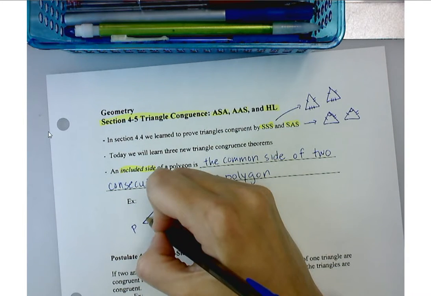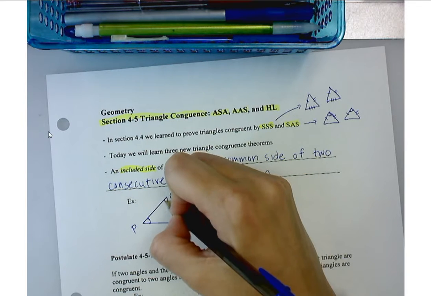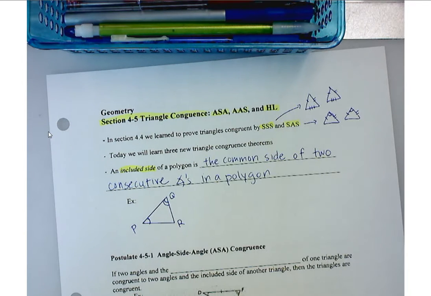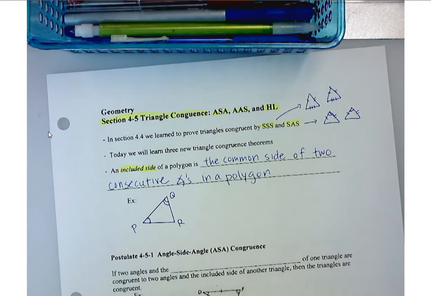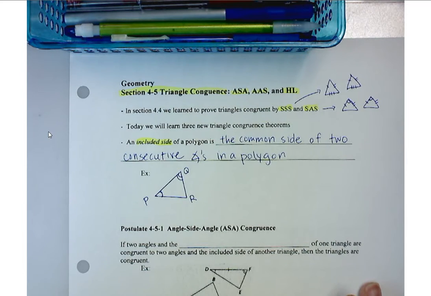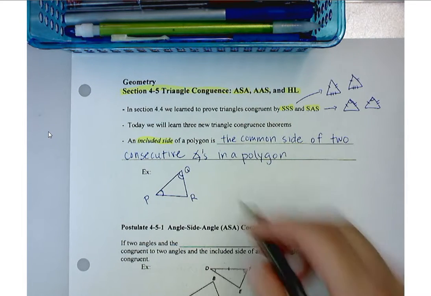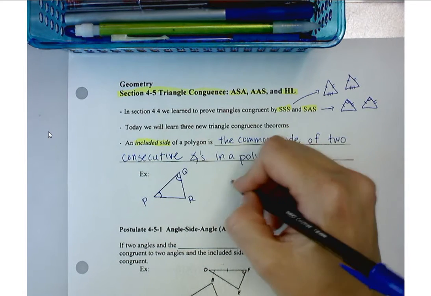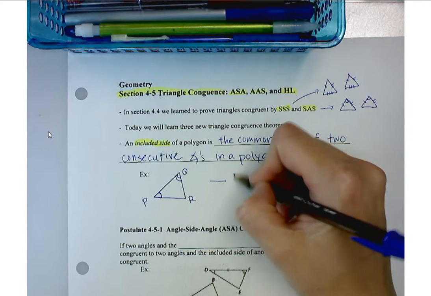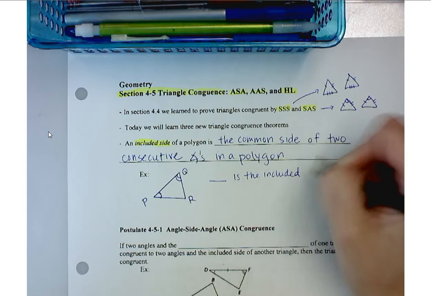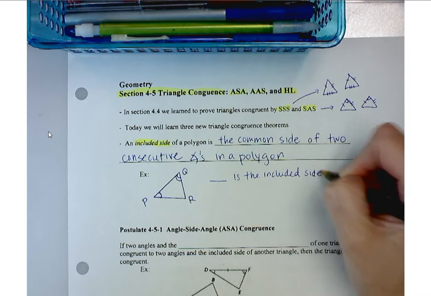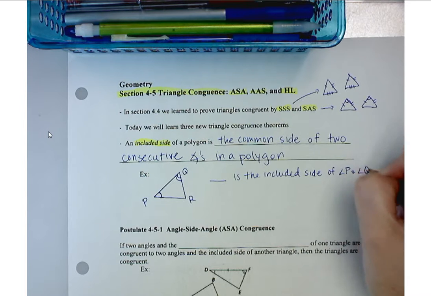Then we know that angle P and angle Q are these 2 angles, and we are going to find the included side of those 2 angles. We're going to say blank is the included side of angle P and angle Q.